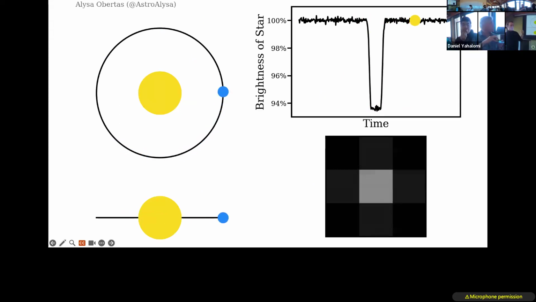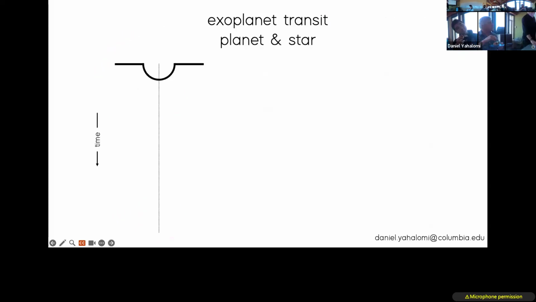When the planet, represented by this blue dot here, passes in front of the star, you'll see that the brightness decreases in the pixel level data on the bottom right, as well as in the time series photometry. These are the transits. And that's what you'd expect if the only 2 objects in the universe were a planet and a star.